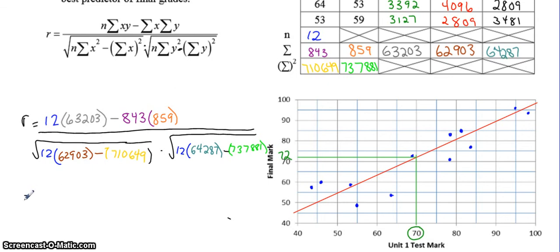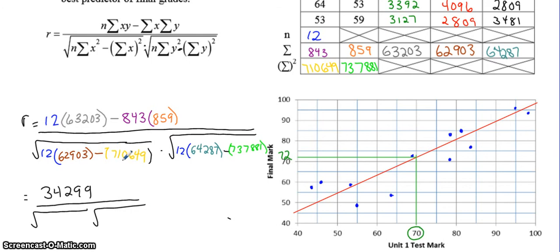Now, it's one thing to substitute into the formula correctly, but it's another thing to be able to do this calculation. So here's how I want you to do it. The first thing you're going to do is calculate the numerator in your calculator, and you get 34,299. Then you're going to calculate what is under each square root sign.